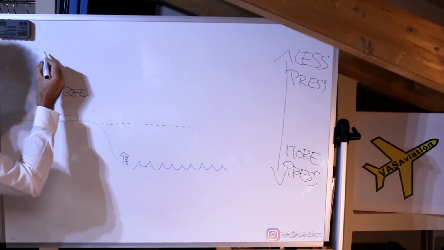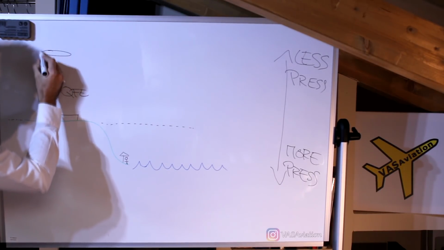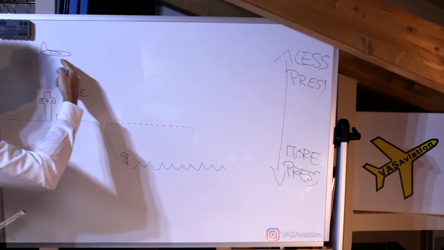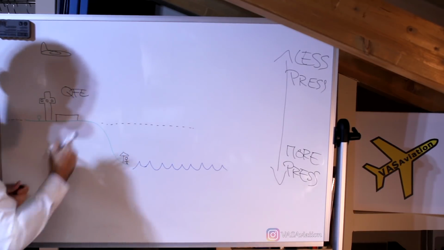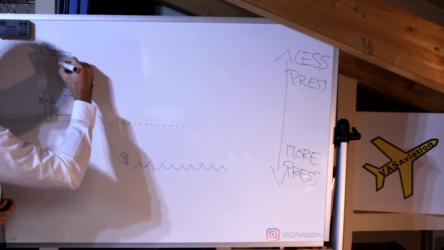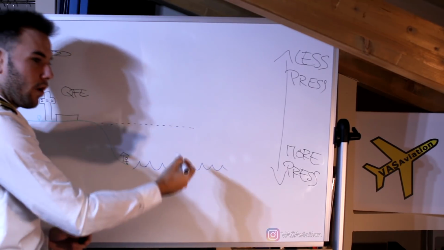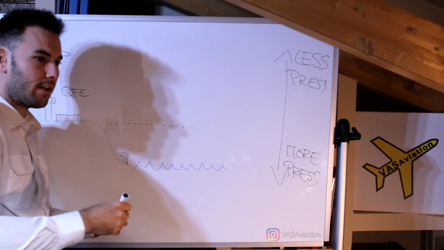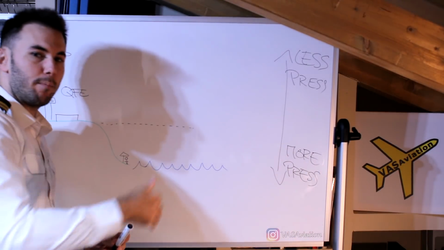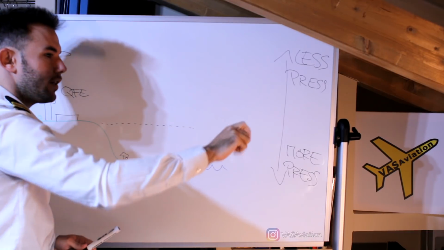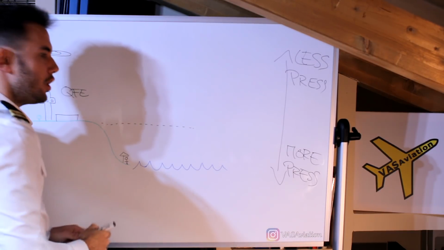Now imagine we're flying here. Now the altimeter setting, the difference is between here and the QFE datum, or isobar. Isobar is the line joining points of equal pressure. So this is our datum because we have the altimeter set on QFE.